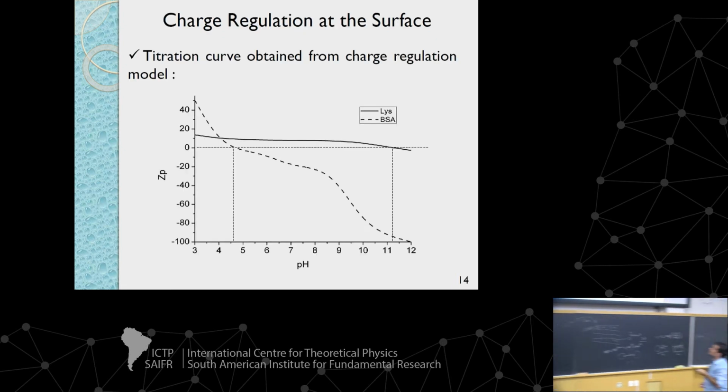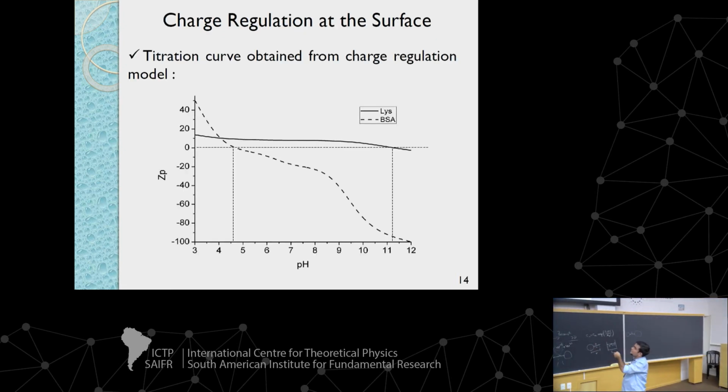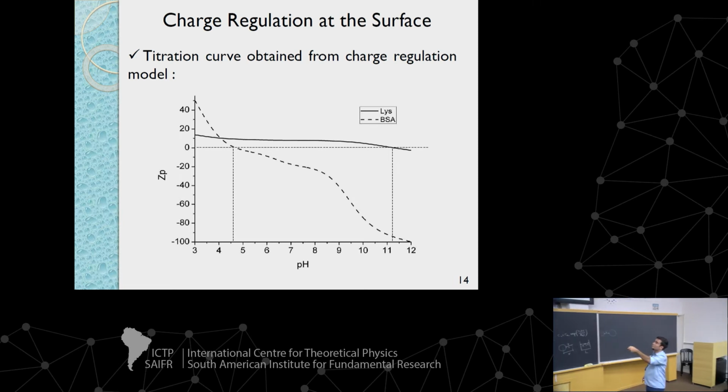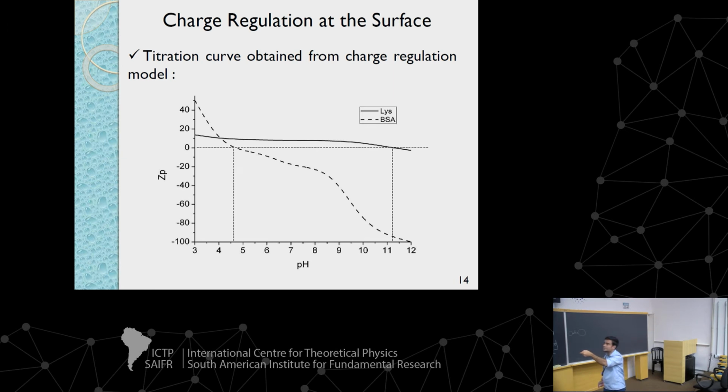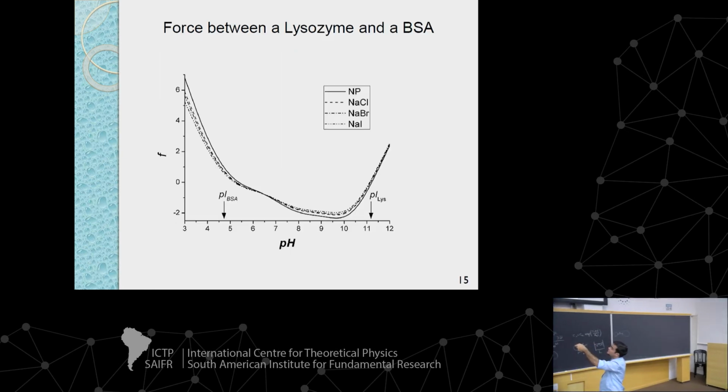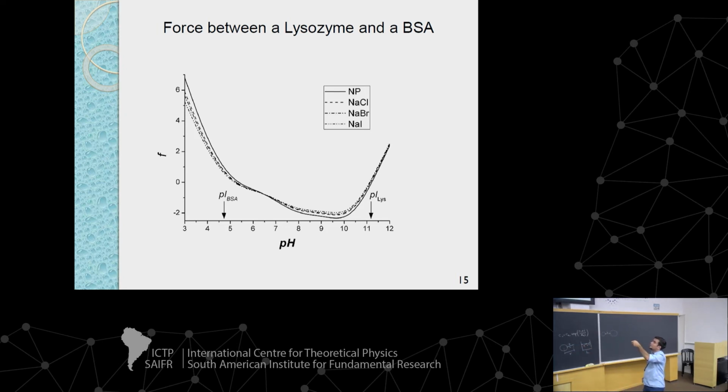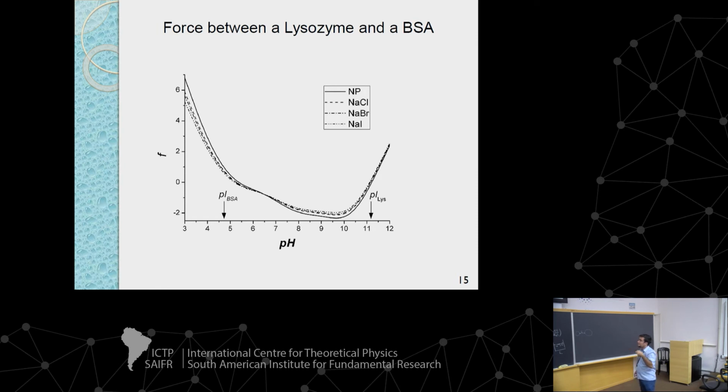So if we compare this to this titration curve, we see that when we have a pH that is lower than 4.6, both proteins are positively charged, so we have repulsion. It's this region. Here, above 11.2, we have both proteins negatively charged.